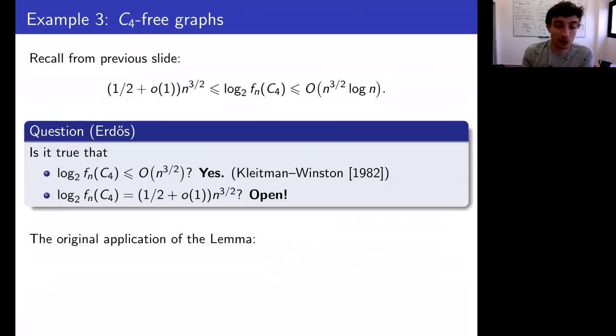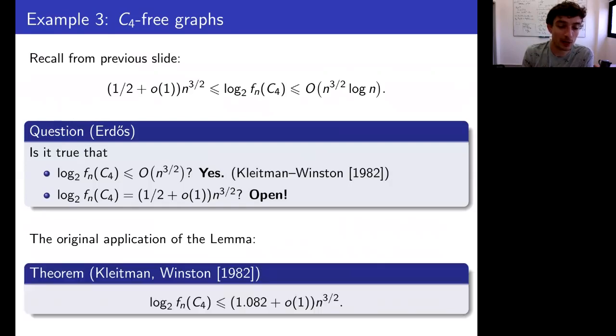Now, the original application of the lemma is this result of Kleitman and Winston, which gives the following upper bound on the number of C4-free graphs with n vertices. So the log of F_n(C4) is at most 1.082. We won't care so much about the value of this constant, just a constant times n to 3/2.